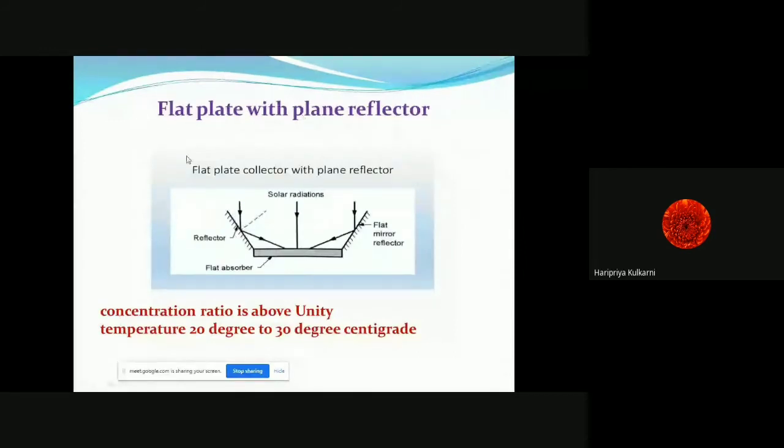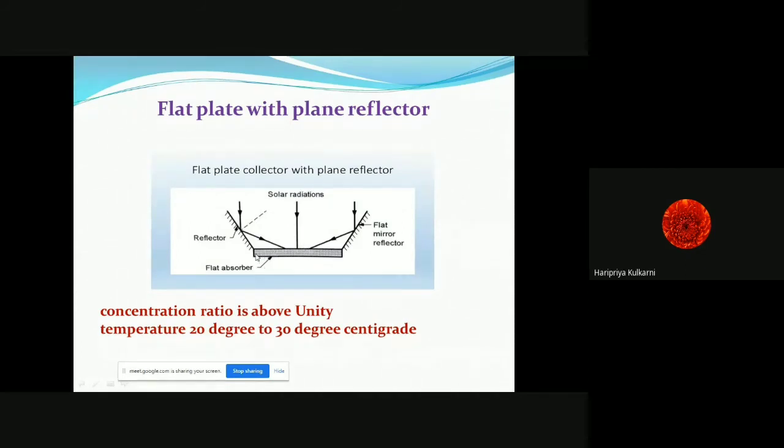Let us see, this is a flat plate with a plane reflector. This is a flat plate absorber. All solar radiations can fall on this flat plate. I have shown one solar radiation which is directly coming on the plate and some solar radiations coming through the mirror. So we can also focus it with the help of a mirror reflector to have better efficiency than a normal flat plate.